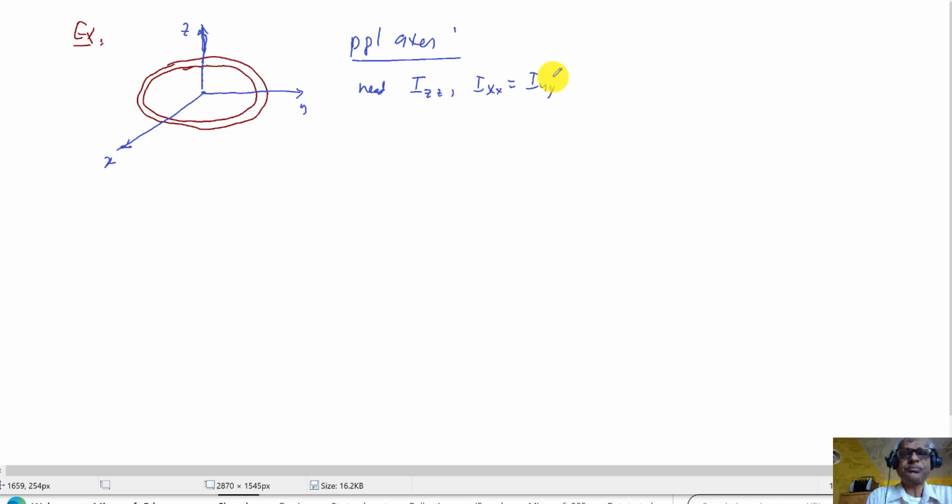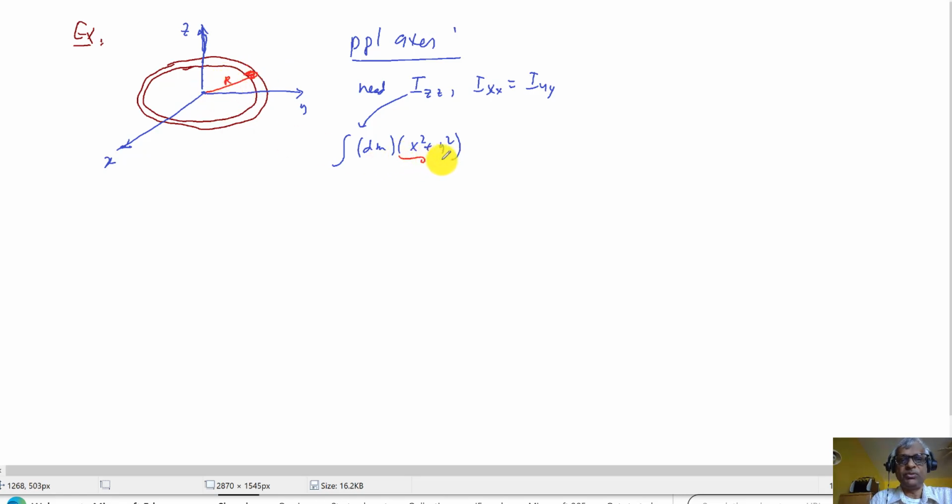So what is I zz? I zz is the integral of dm times x squared plus y squared. We'll take a small element as the dm, and let's call the radius r.